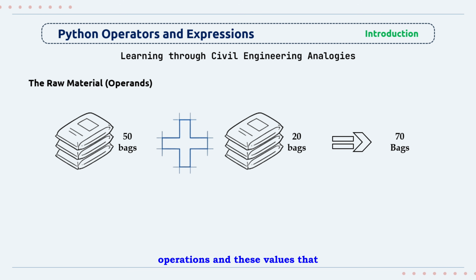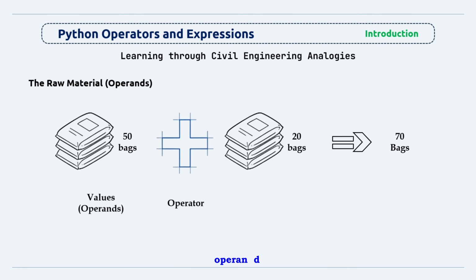And these values, that is 50 and 20, are called operands. Here the plus symbol is called an operator because it performs the addition operation on the values.